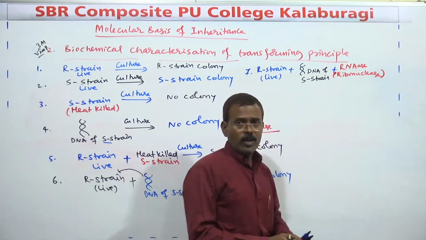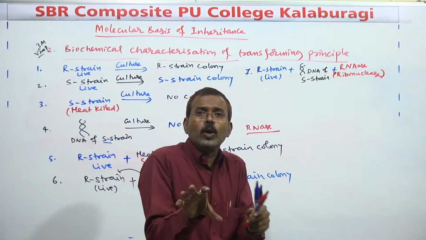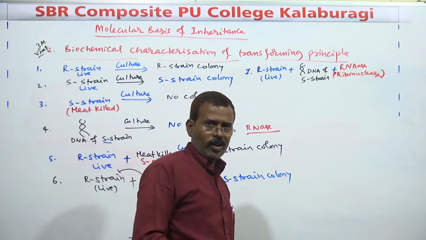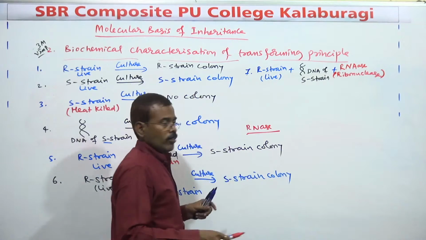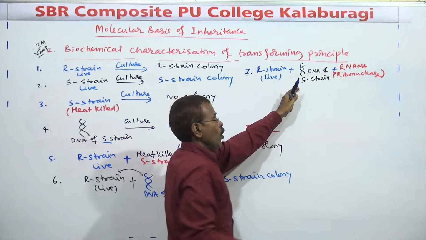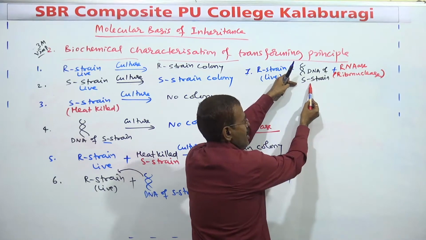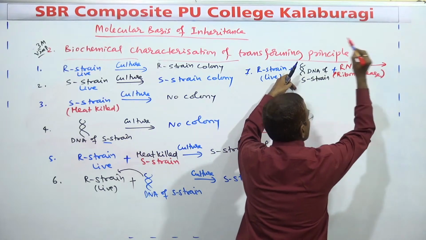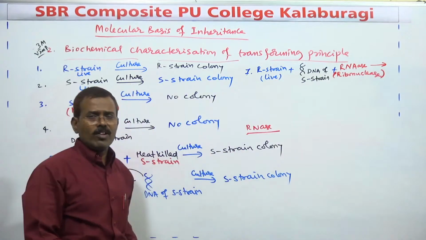This enzyme will break down RNA into its monomeric components such as ribonucleotides. So see here, live R strain bacterium was cultured with the smooth strain DNA, and also to that they added ribonuclease enzyme.